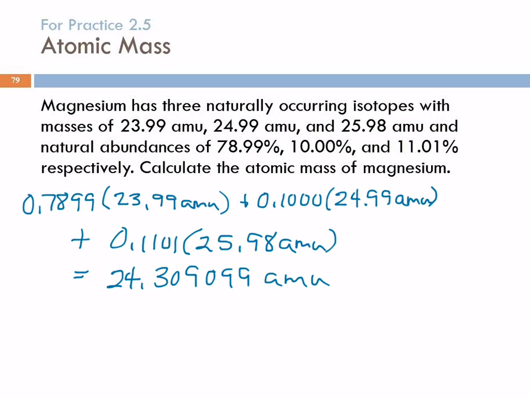And so I would round this to 24.31 atomic mass units. So I am not concerned in calculations of average mass that you got the exact correct number of sig figs. I want you to just use some thought and good judgment and get a reasonable number.